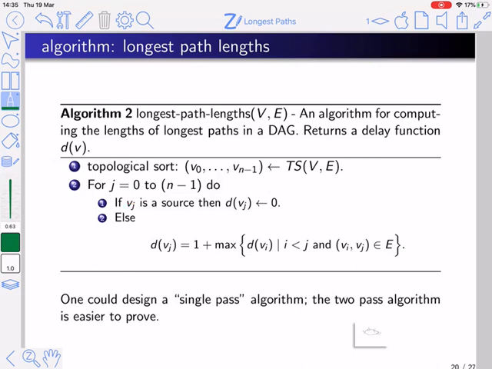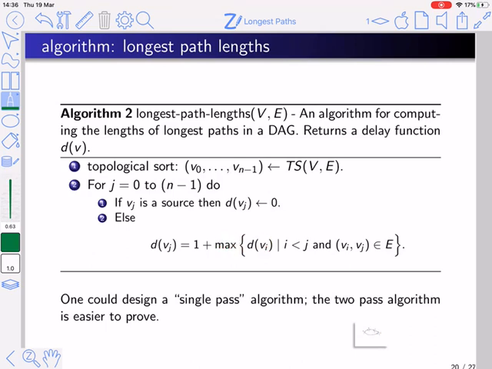If Vj is not a source, we look at all the Vi's such that there is an edge from Vi to Vj. Now, by the topological sorting property, we know that i has to be strictly less than j. For every such vertex Vi from which there is an edge to Vj, we look at its delay function d of Vi, and we take the maximum among all these vertices.